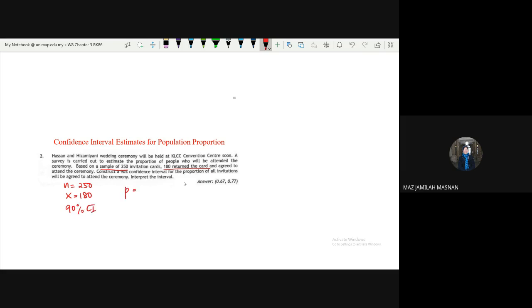And your proportion here is defined as the population proportion of all invitations agreed to attend the ceremony.